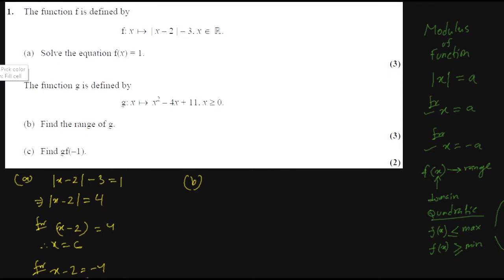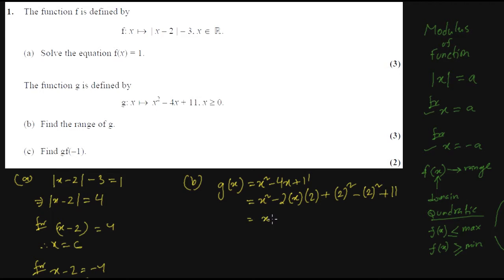for solving this particular sum, we need to know what is the maximum value, what is the turning point. So let's express g(x) as a complete square as we do in C1. So a squared minus 2ab plus b squared, b is now 2 squared, so I just cancel this off, minus 2 squared plus 11.